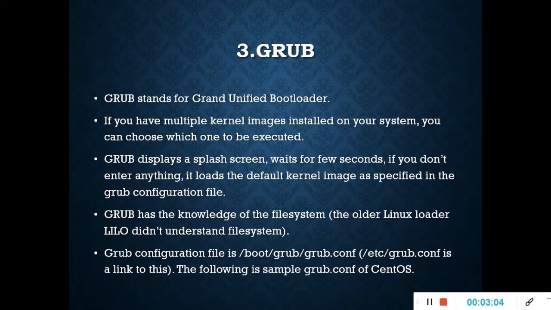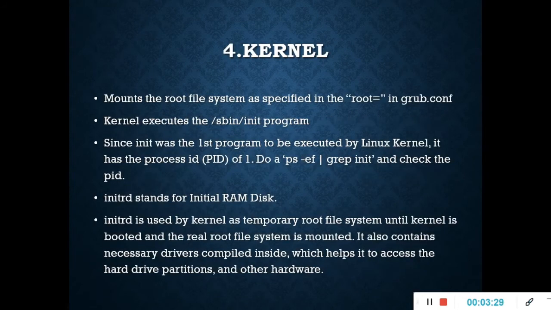GRUB has knowledge of the file system, unlike the oldest Linux loader, LILO, which didn't understand file systems. The GRUB configuration file is /boot/grub/grub.conf, and /etc/grub.conf is a link to this. The following sample is the grub.conf of CentOS. The kernel mounts the root file system as specified in the root entry in grub.conf.